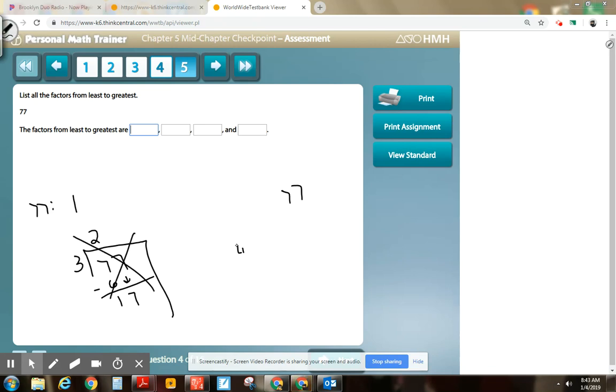How about 4? Can 4 fit into 77? 1, 37. Can 4 fit into 37? Well, 4 times 9 is 36. So no. How about 5? Is 5 a factor of 77? No, because in the ones place it needs to be a 0 or 5. How about 6?